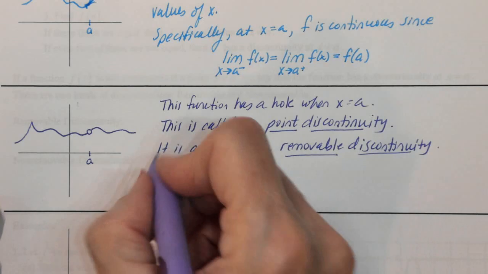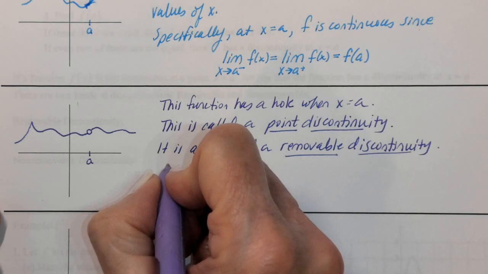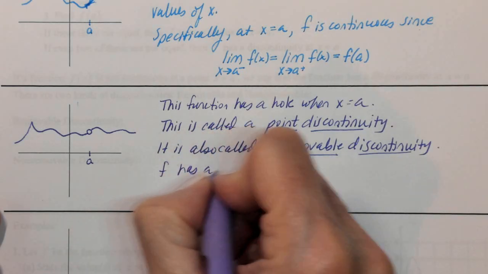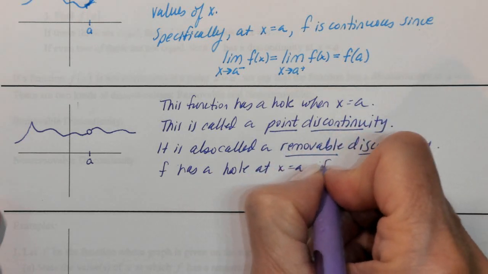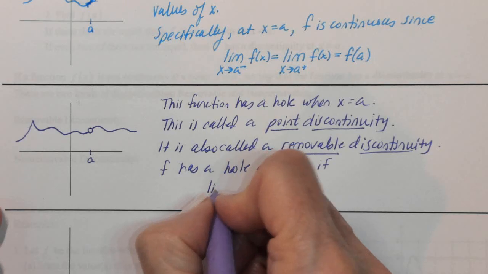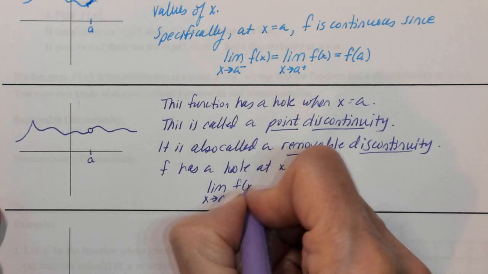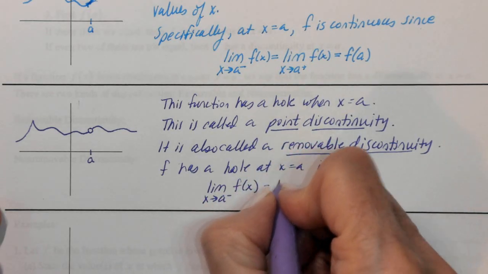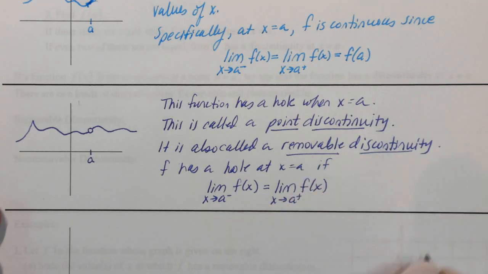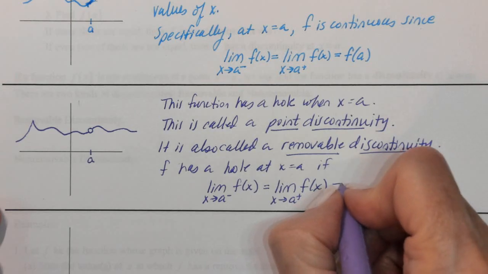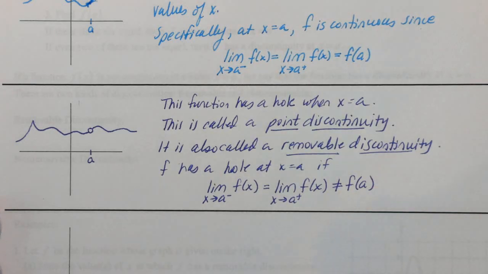All right, so using limits, f has a hole at x equals a if the limit as x approaches a from the left of f is equal to the limit as x approaches a from the right of f, but not equal to the value of the function at a.